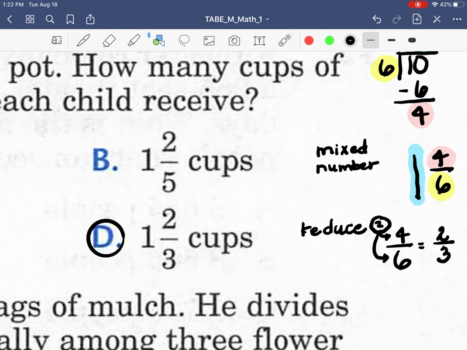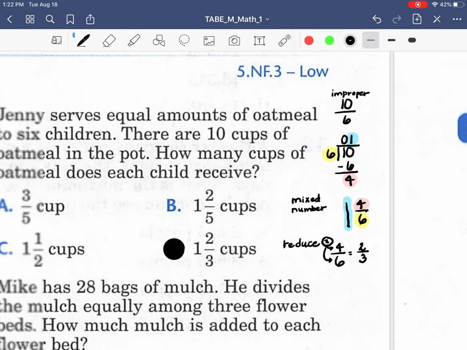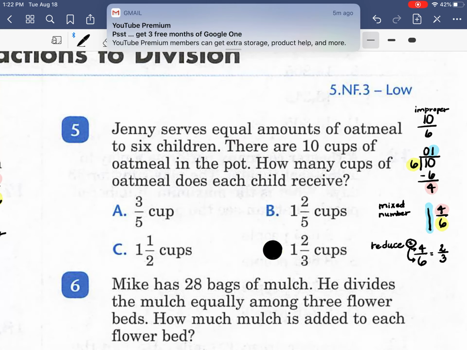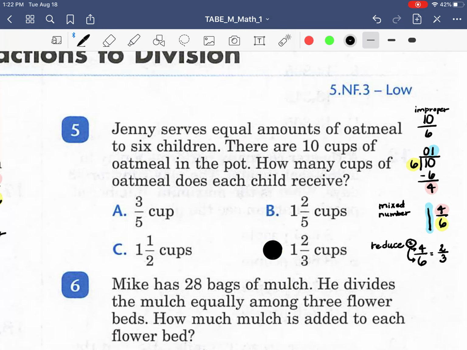And sure enough, that choice is right here. So sometimes after you get your mixed number, you will have to reduce. Now, if you're using the calculator, you don't have to do that. The calculator will give you 1 2/3 when you put it in there. It's a nice calculator.